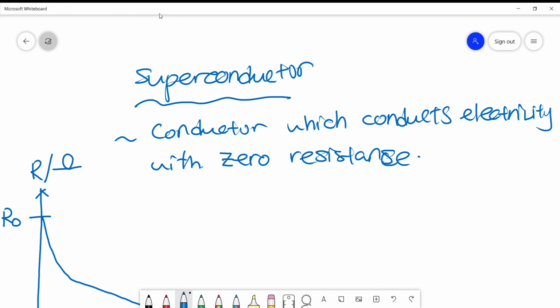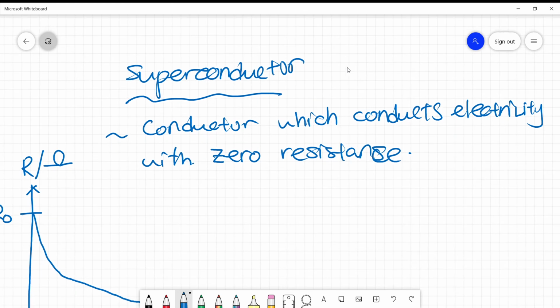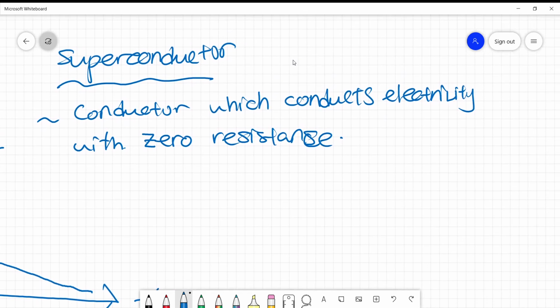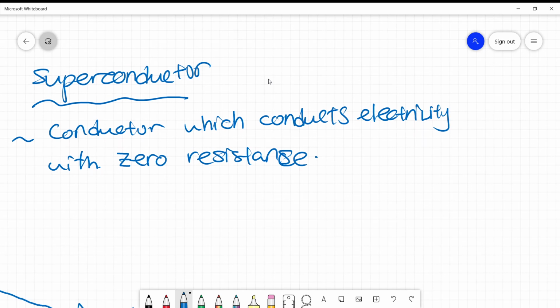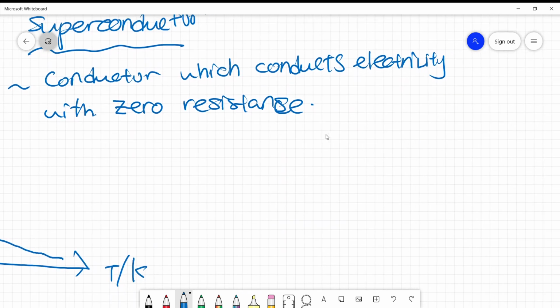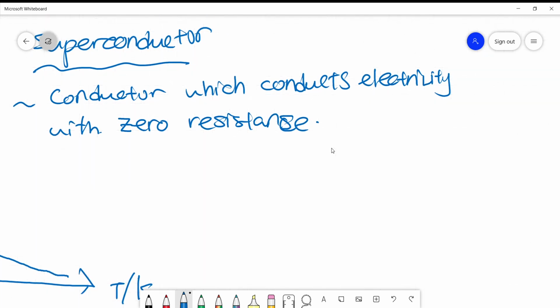If we want the conductor to conduct electricity with zero resistance, the temperature of the surroundings must be extremely low.